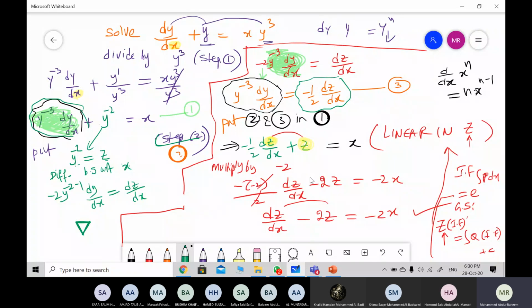Okay. Now remember this equation. And Z, how much? This also we need.